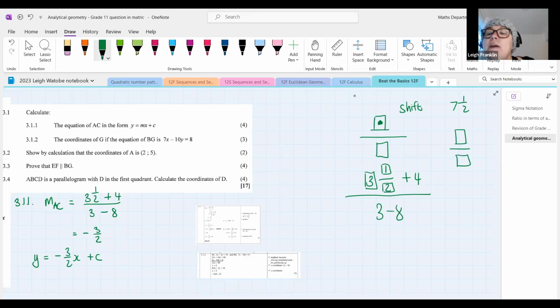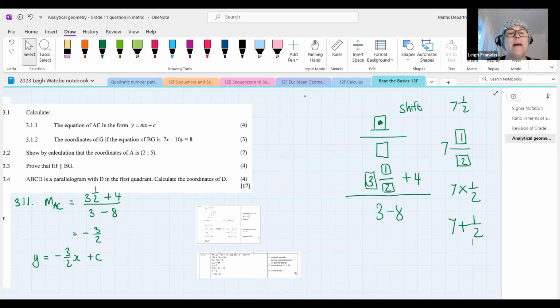If you press the fraction button and then go forwards and put the 7 over there, you are telling the calculator to multiply 7 by a half, where in actual fact, 7.5 means 7 plus a half. So you've got to go shift and fraction if you want a mixed number. Okay.